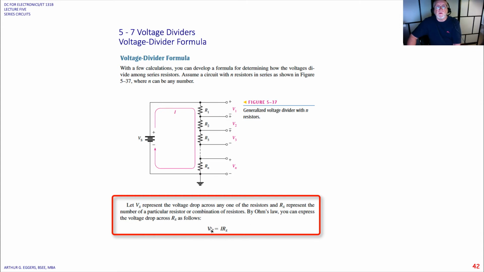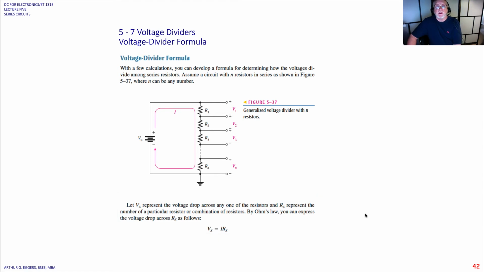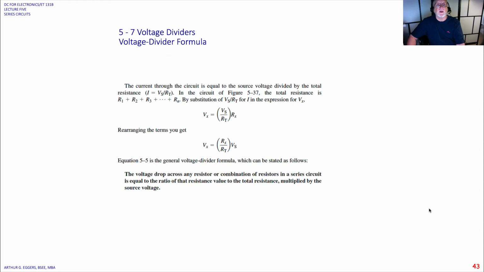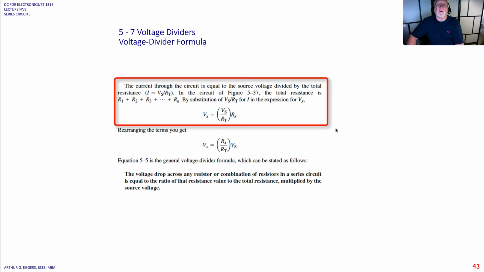So you can see we've got this product, Vx is equal to I times Rx, and we could use it to calculate the voltage drop and therefore understand this voltage divider relationship. The current through the circuit is equal to the source voltage divided by the total resistance, and we've already seen that. That total resistance and the total voltage source determine what the current is in a simple series circuit.